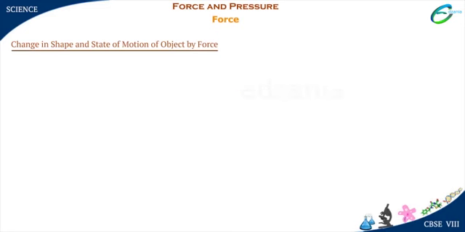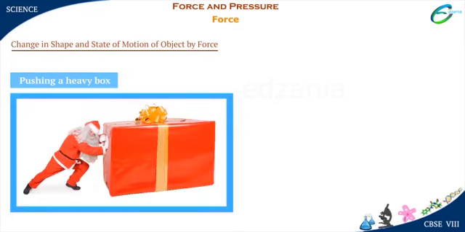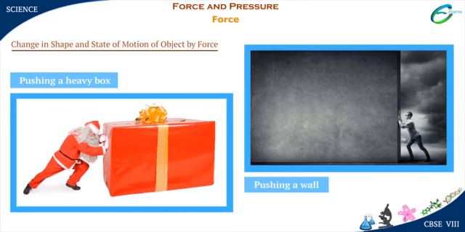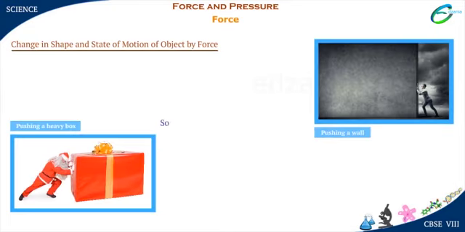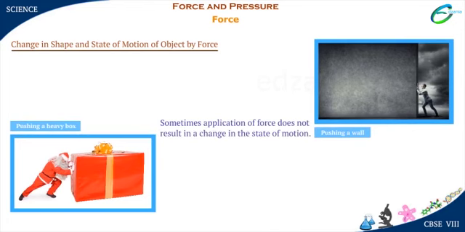No. A heavy box may not move at all even if you apply the maximum force that you can exert. No effect of force is observed when you try to push a wall. So we can say that there are instances when application of force does not result in a change in the state of motion.